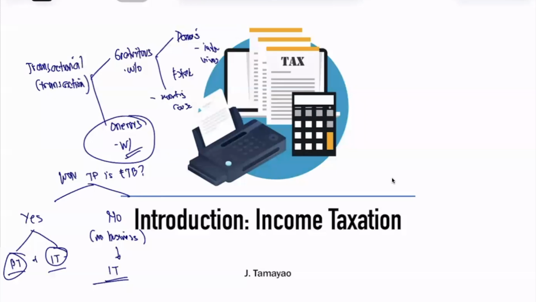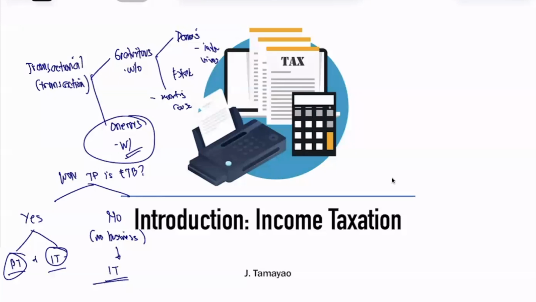For example, the business is a lending business, and a lending business has different income. It has rental income, interest income, and aside from that, any lending income. Those are the types of income. You don't tax the entity itself, but you tax the transaction as the income.